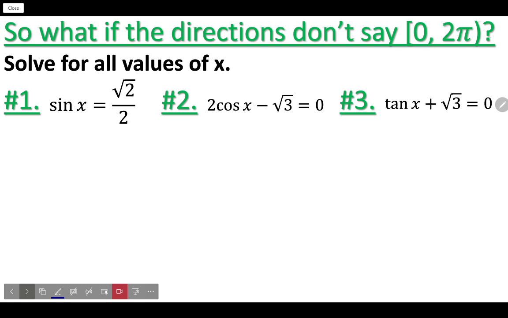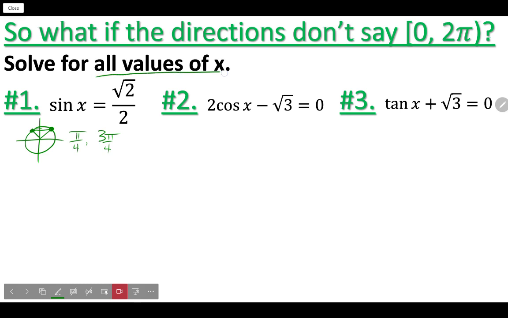All right, we're going to connect it with a little practice here now. Just running through some of these examples. We'll do a few of these together. So again, we want sine of x equals root 2 over 2. So when we think about our unit circle, sine of x, root 2 over 2, I'm looking up here and over here. And those solutions within the unit circle are pi over 4, and that's going to be 3 pi over 4.